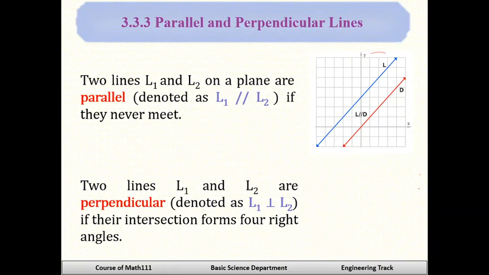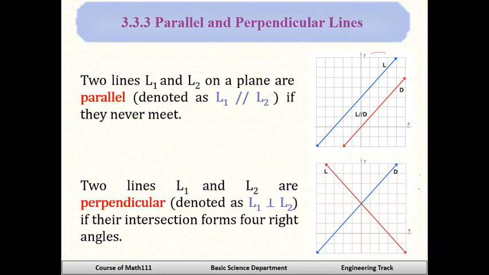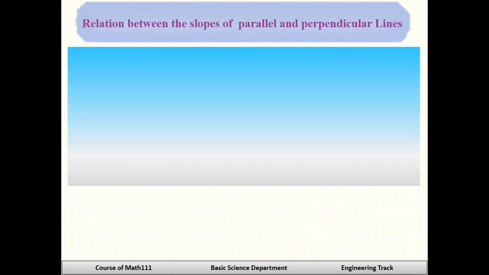And the two lines are perpendicular if it forms four right angles. Right angle means this 90 degrees. So if we have 90 degrees, we say it's perpendicular. These are perpendicular lines.